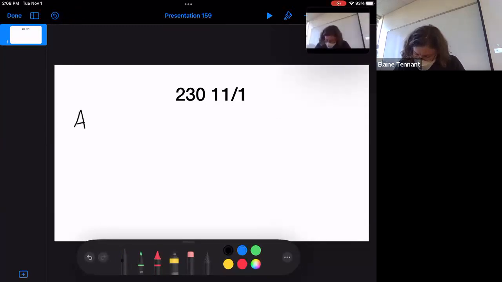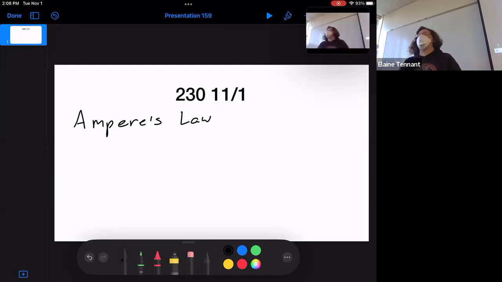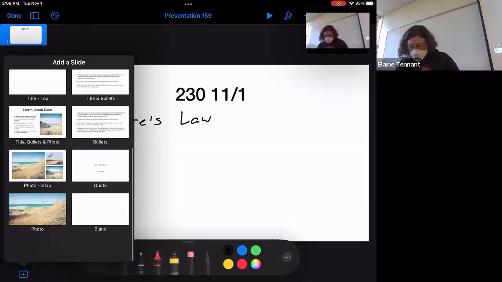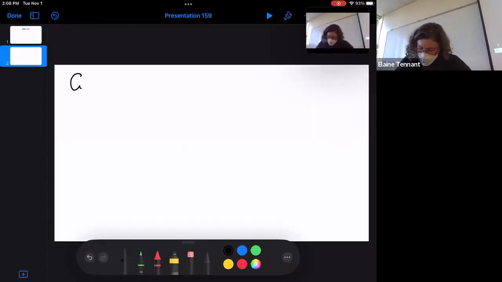So do you guys remember Gauss's law? Maybe, maybe not. It was like 10 weeks ago. Really quick, just because it'll probably help us get through this one.